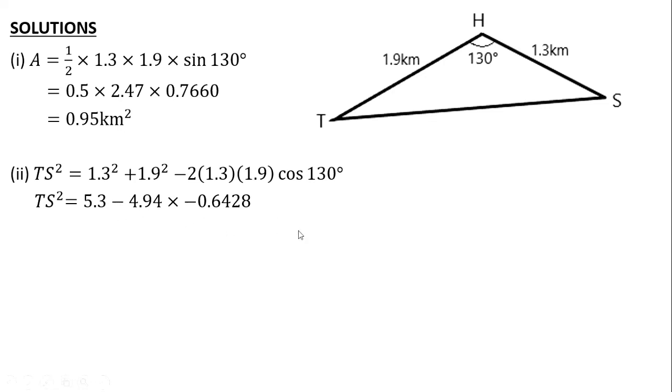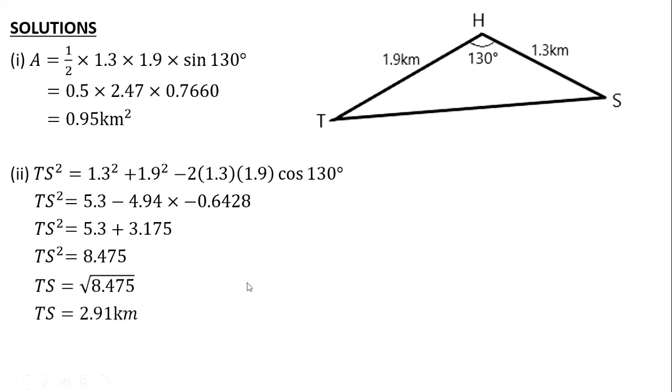Cos 130 degrees is negative 0.6428. Negative 4.94 times negative 0.6428 will give us a positive 3.175. Our TS squared is equal to 8.475. Find the square root.